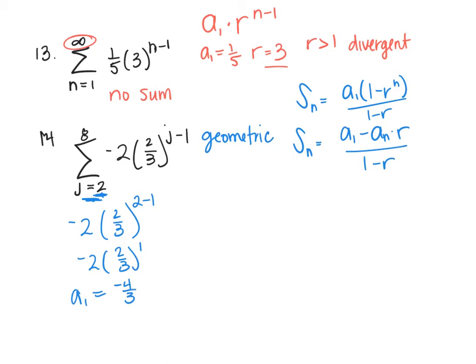And so like I said, we could use either of these formulas. In the first one, we need a1, we need r. We know r is 2/3. Now we know a1 is negative 4/3, and we need n in this formula, and in this one we need an. So to find an for this formula, I would need to plug 8 into this. And to find n, I need to count how many from 2 to 8.